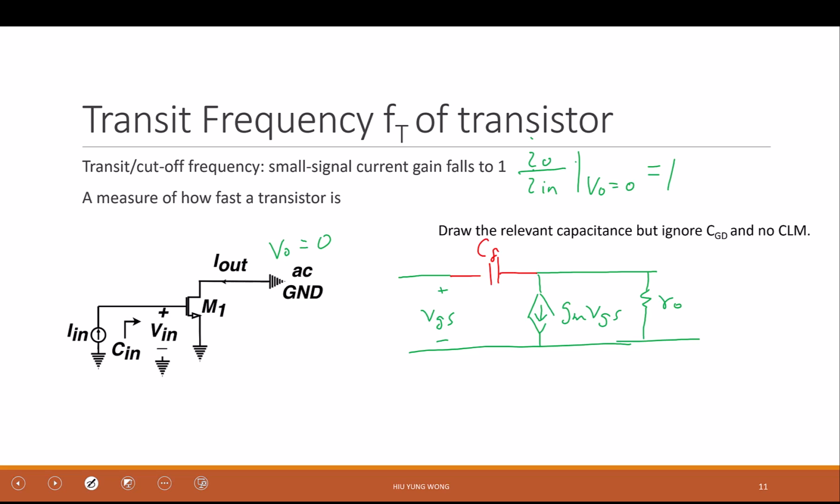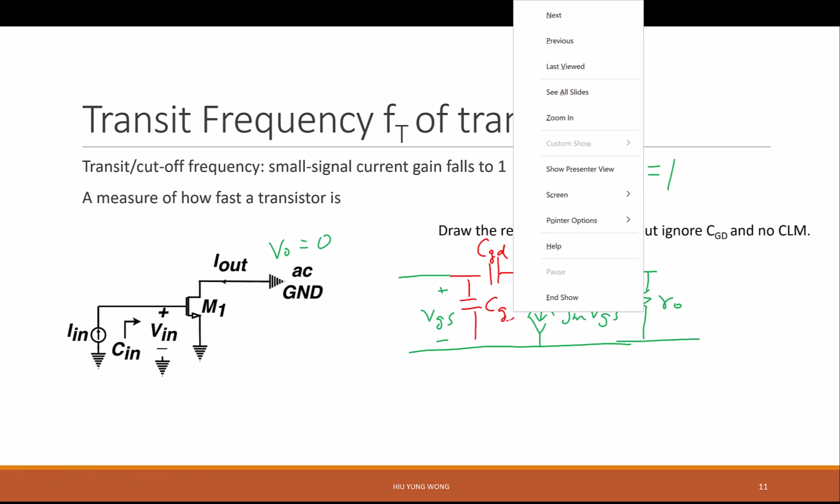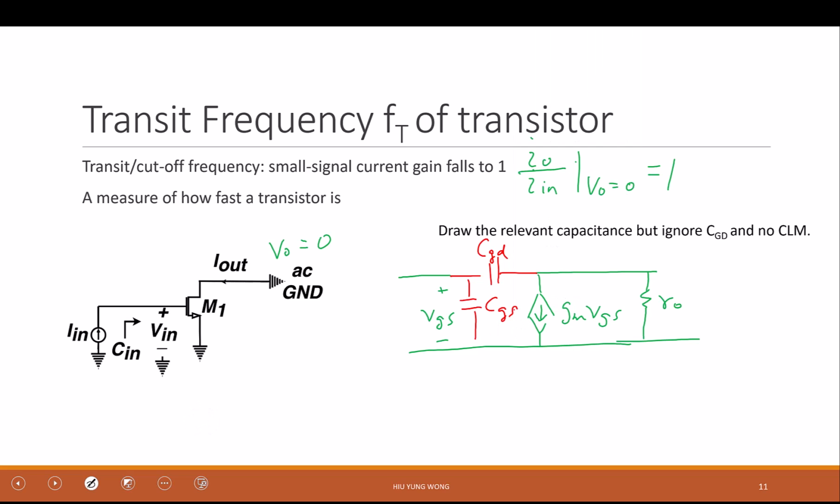CGS, I just draw everything. CGD, CGS, correct? I also have a CSB, and then here I have the CDB, right? Sorry, sometimes I capitalize, sometimes I don't.